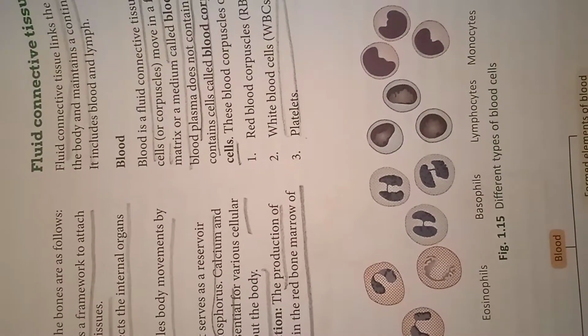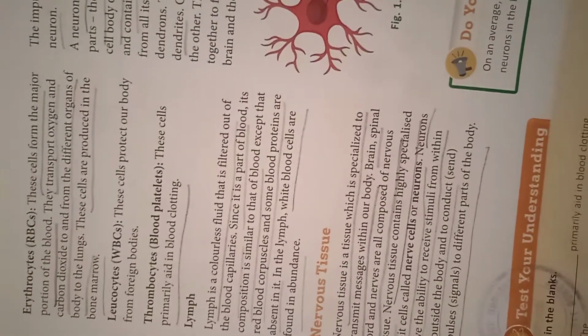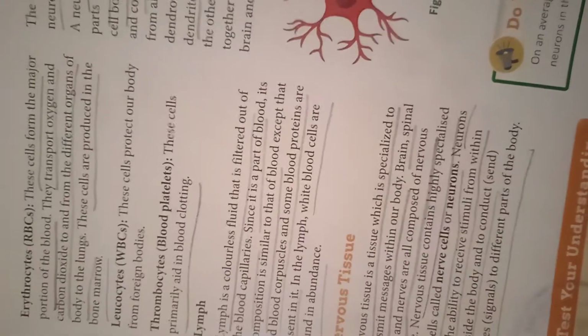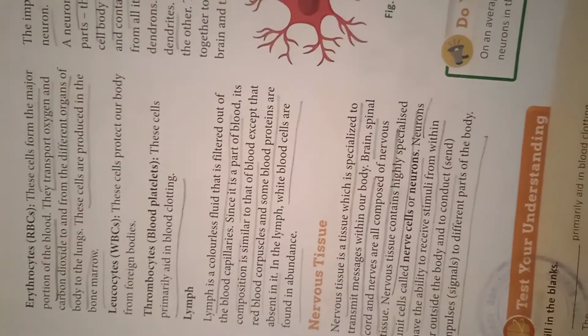For example, these erythrocytes or RBC form the major portion of the blood and they transport oxygen and carbon dioxide to and from different parts of our body, because every part needs blood, and the blood connects different organs, almost every nook and corner of our body. RBCs are produced in the bone marrow.